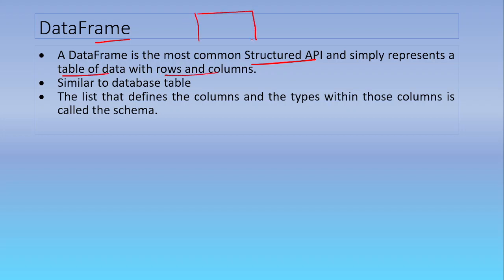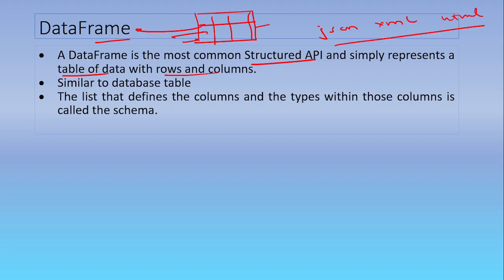If you look at a table which has some columns and some rows, then you can call this a data frame. Now you might be wondering, I'm talking about big data formats like JSON, XML, HTML, all these formats. But how to get all that into a table?